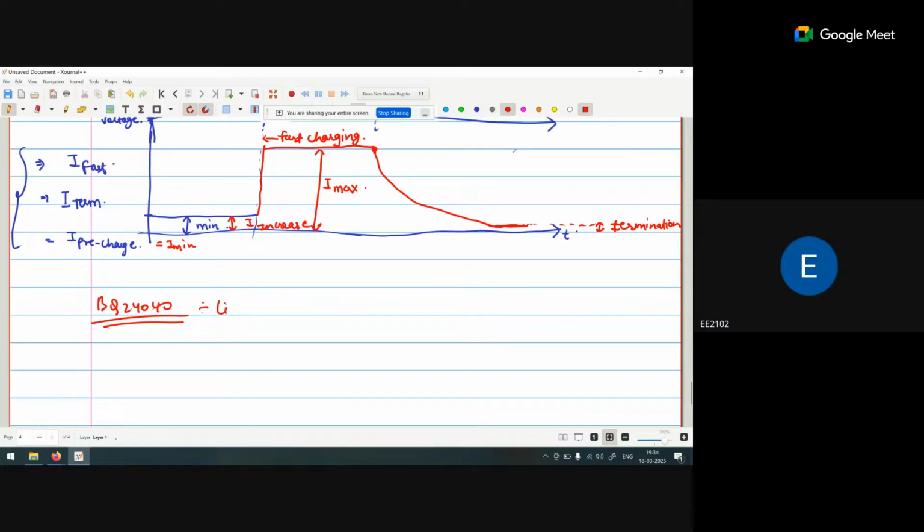That is a LiPo battery charger, a one cell battery charging subsystem.